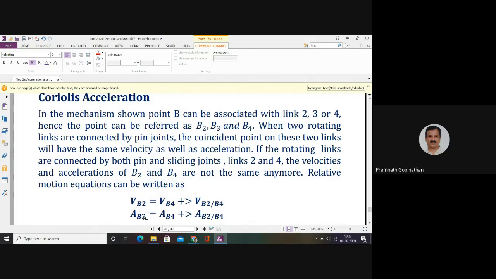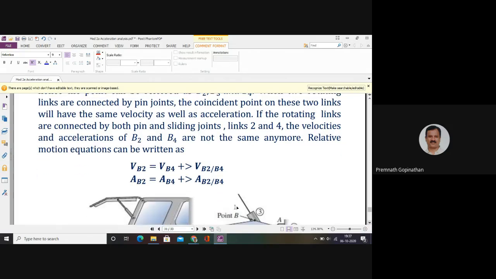Now, if point B is lying on link 2, then the absolute acceleration of point B on link 2 can be written like this. That is the acceleration of B which is lying on link 4, right?